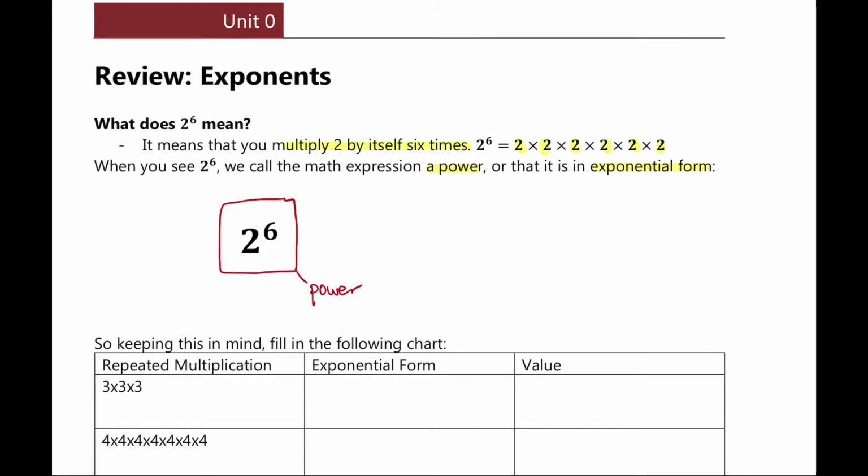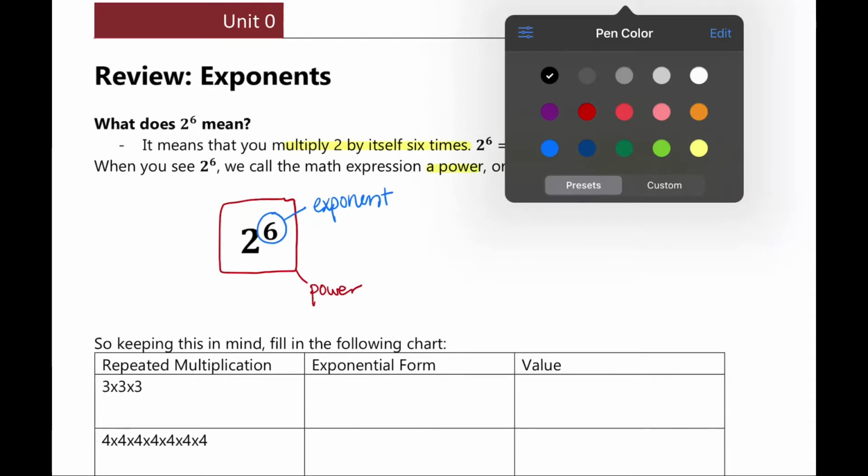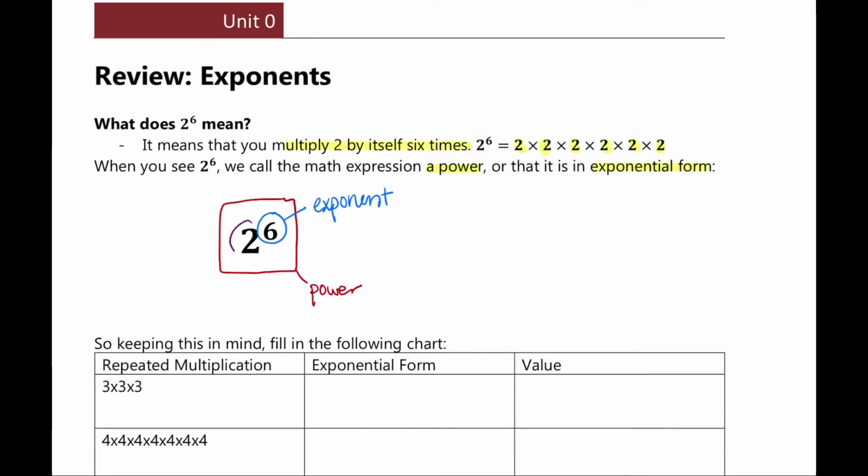We know that this is an exponent, and that 2 here is called the base. So when we're referring to power, we're talking about the entire form, not just the exponent or base.